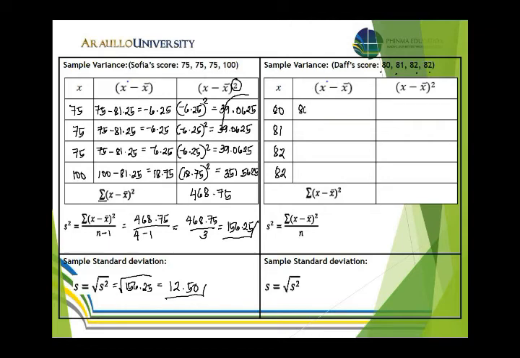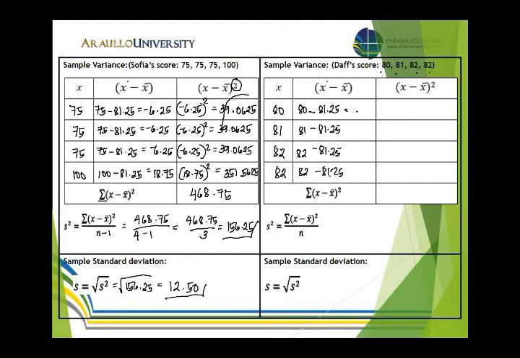So minus, yung na-compute natin mean kanina is same sila. So we have 81.25 also, then 81.25, 81.25, 81.25.